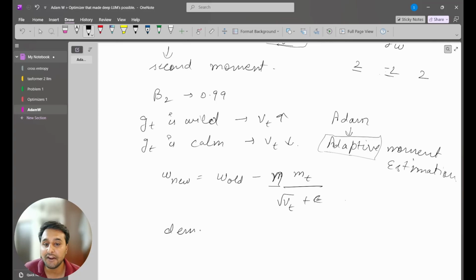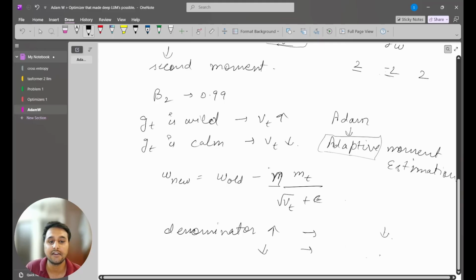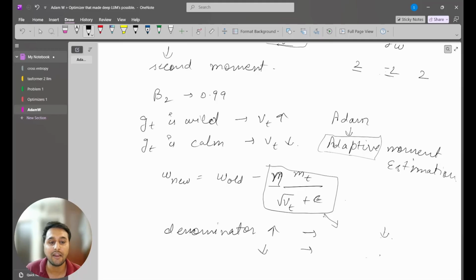So when the denominator is high, then this whole term becomes small, and in the other case it becomes large.